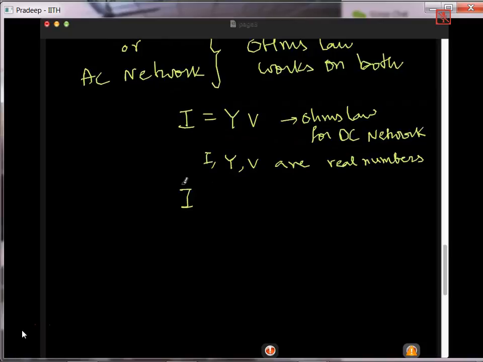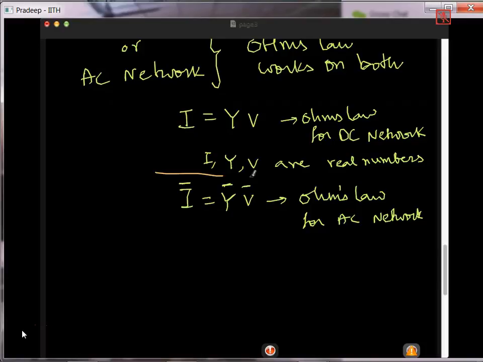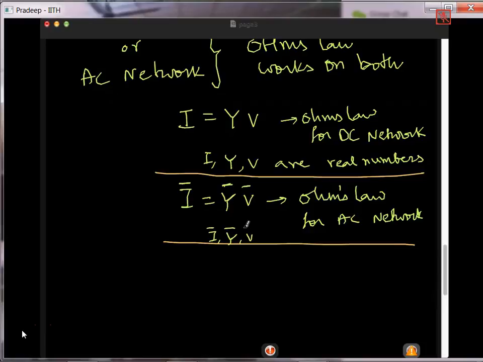Whereas I equal to YV is Ohm's law for an AC network, where I, Y and V are complex numbers. So that is the only difference. It is just to practice some problems that we are using a DC network. The procedure is the same, the expression is the same.